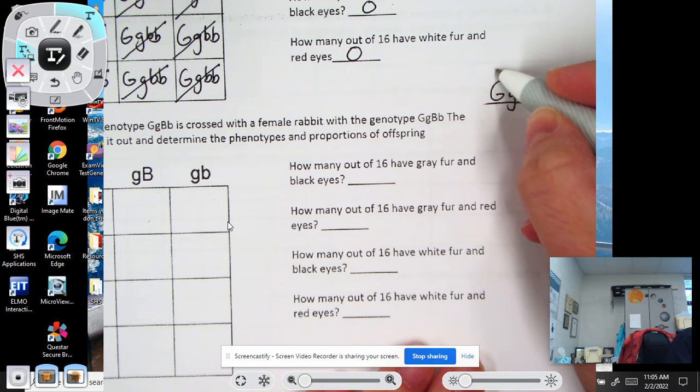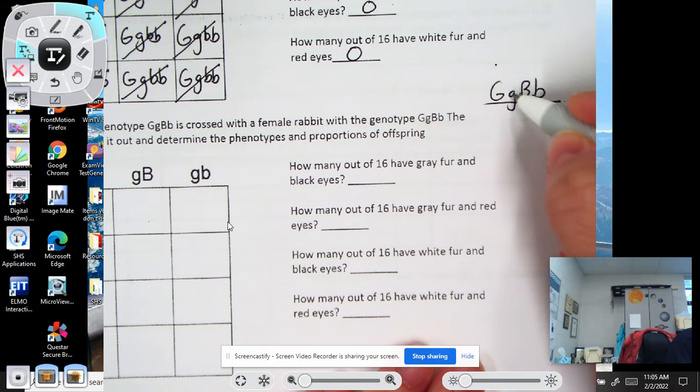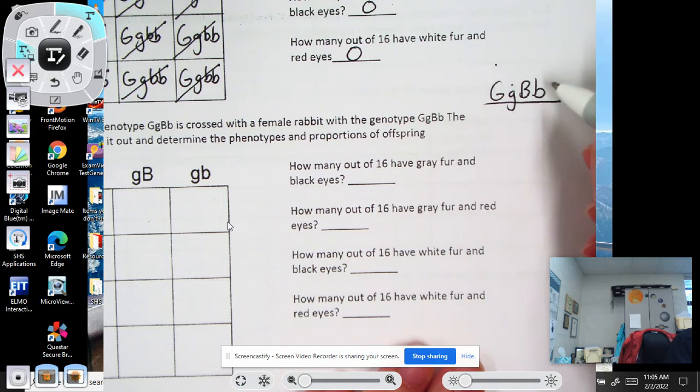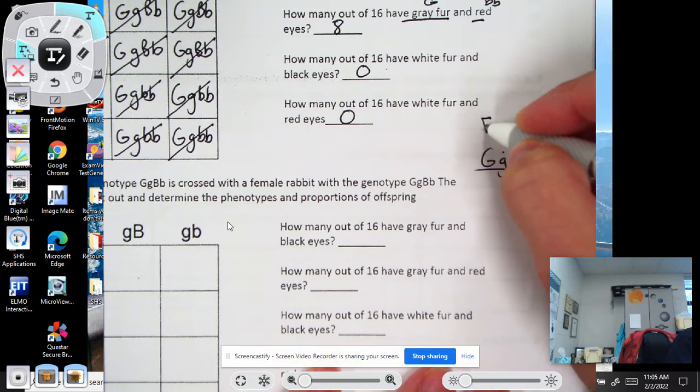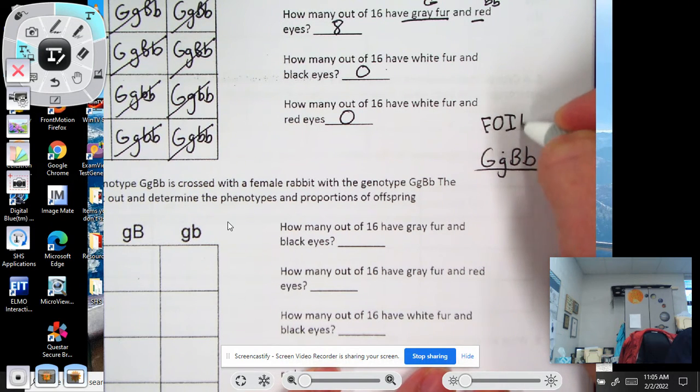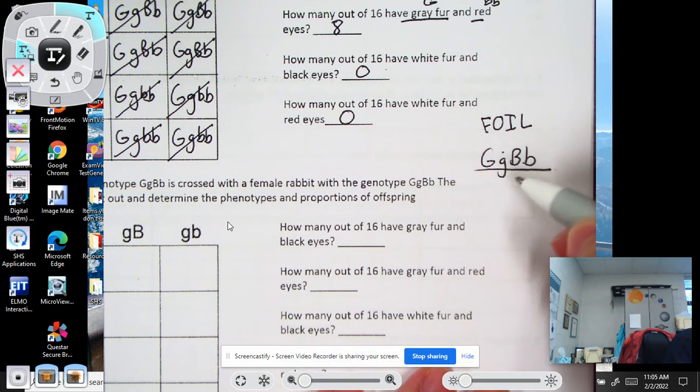So I know I have to have a big G or a little g, and a big B or little b. So in math, we use the word FOIL when we're factoring. It stands for first, outside, inside, and then last. I'm going to use that same method here to make sure that I got everyone.